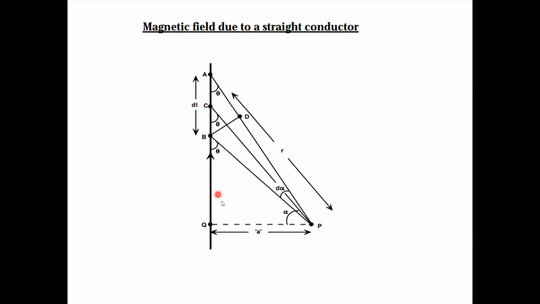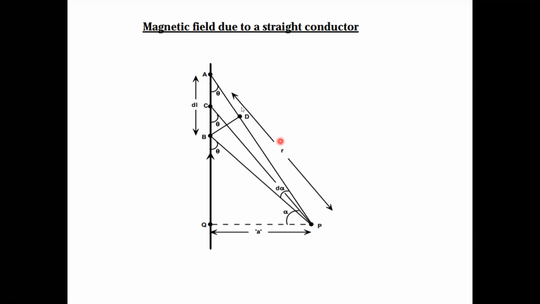Now we have to find the magnetic field intensity, that is B bar, at the point P. As we already discussed in the Oersted experiment, whenever a conductor carries current, a magnetic field is developed around the conductor.